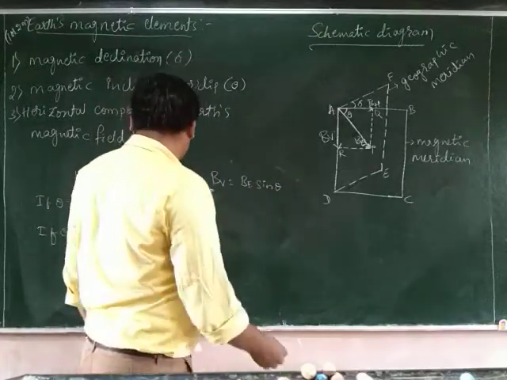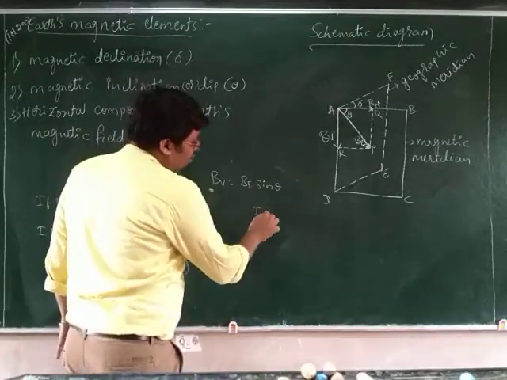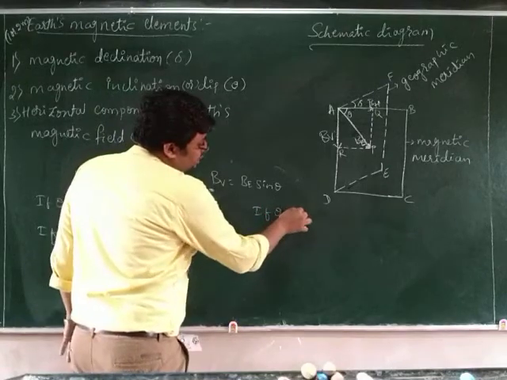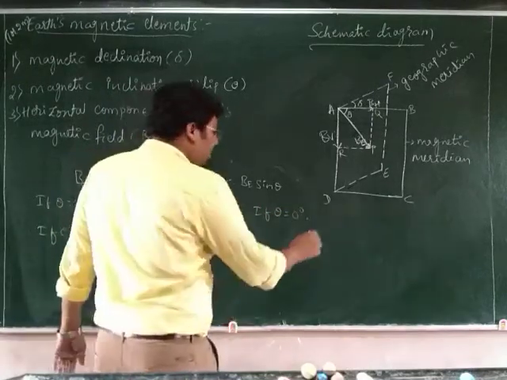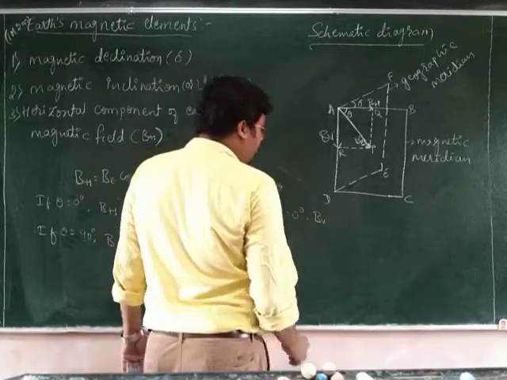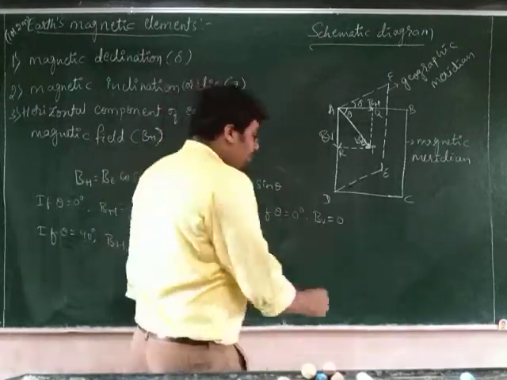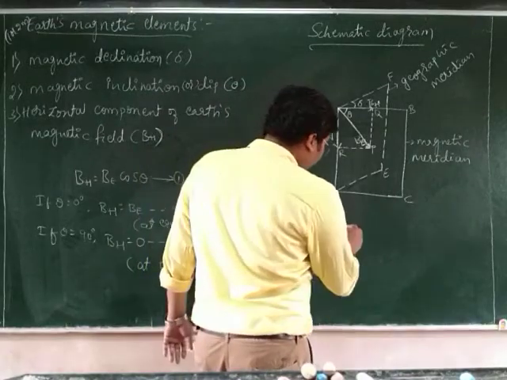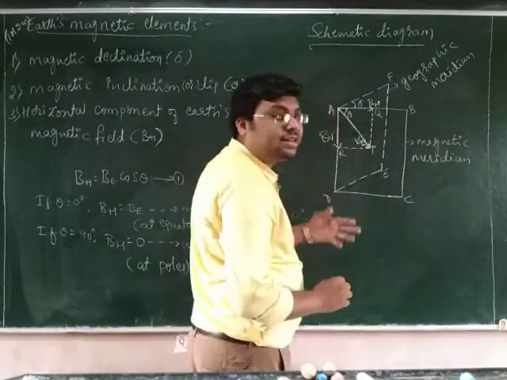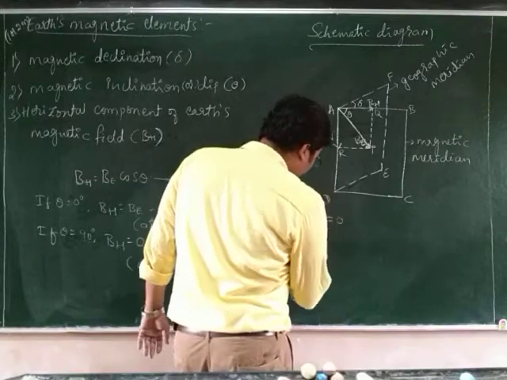Check here. If theta is equal to 0 degrees, then BV is equal to 0. Sin 0 is 0, right? Theta 0 occurs at the equator.